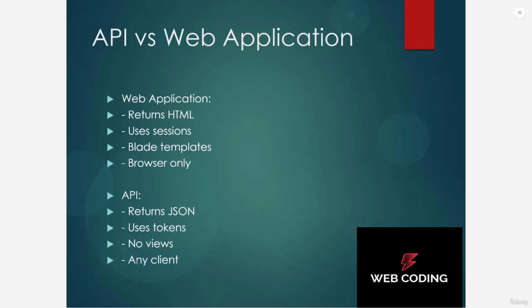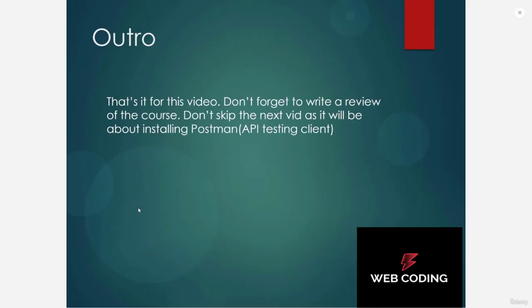It works with any client, whether it's mobile, web, or desktop, right? So APIs are highly integratable. But throughout the course, we're going to use mainly Postman to interact with our own API, which is also considered a client.